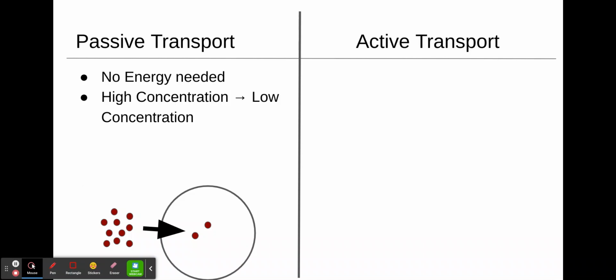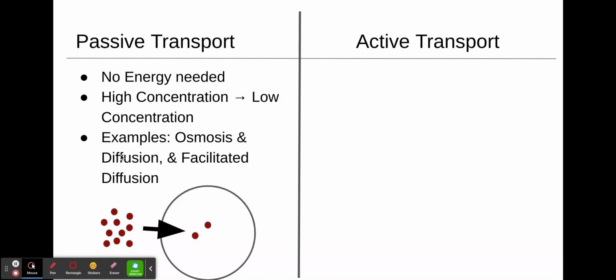All right. So the other thing, we're going to write down our examples here. Our examples of passive transport include osmosis and diffusion, which we know about, but also facilitated diffusion, which we're going to talk about, what the heck that is.